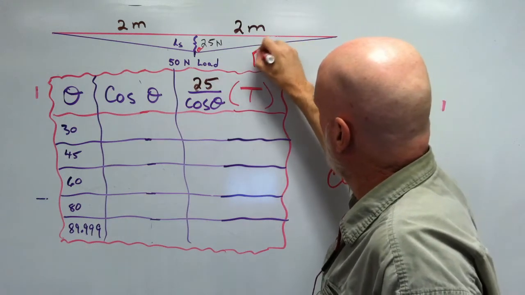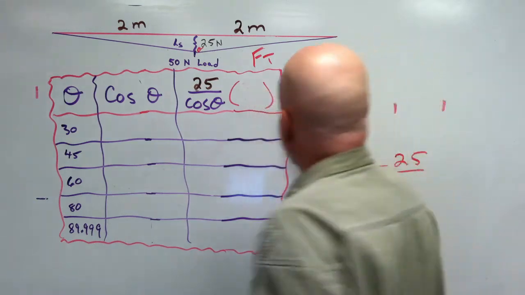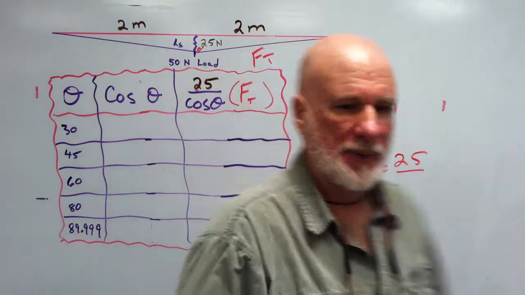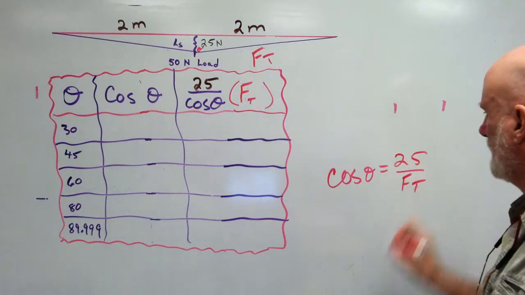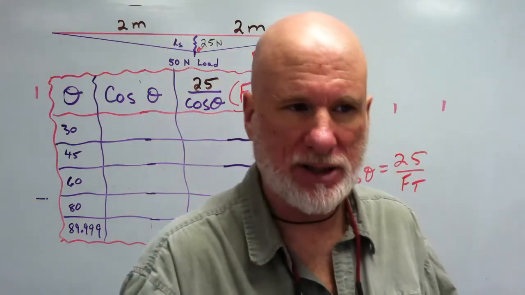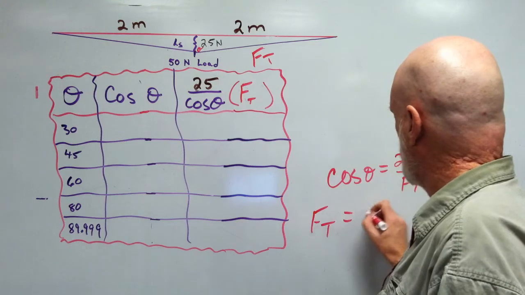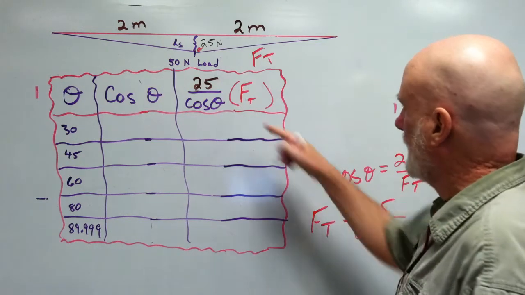That's a little better, don't you think, Lana? So if that's the case, then FT is going to equal 25 over cosine theta. And that's what that is.